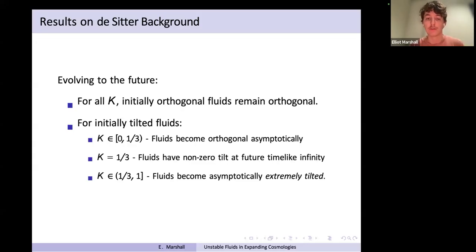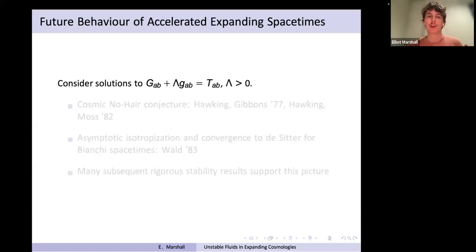It's important to introduce this because, as it turns out, this will be crucial to looking at nonlinear stability of these FLRW and homogeneous spacetimes. Okay, so that's a little idea of the difference between orthogonal and tilted fluids and why we want to introduce that distinction. But more generally, let's consider the expected behavior for accelerated expanding spacetimes.